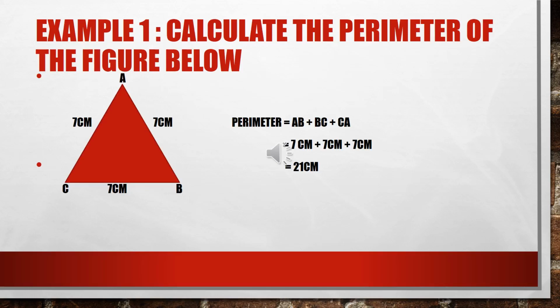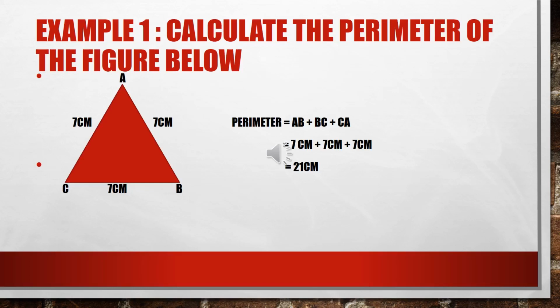So everybody wear your thinking caps. Good. 7 plus 7 will give you what? 7 in your head plus 7. If you said 14, you are an awesome student. Well done. Now we have 14 and we still have one more 7 to go. So put it in your head quickly. 14 in your head plus 7.